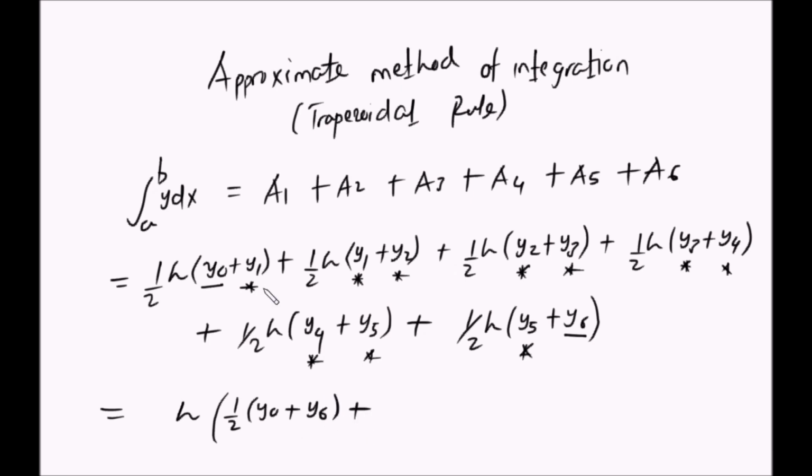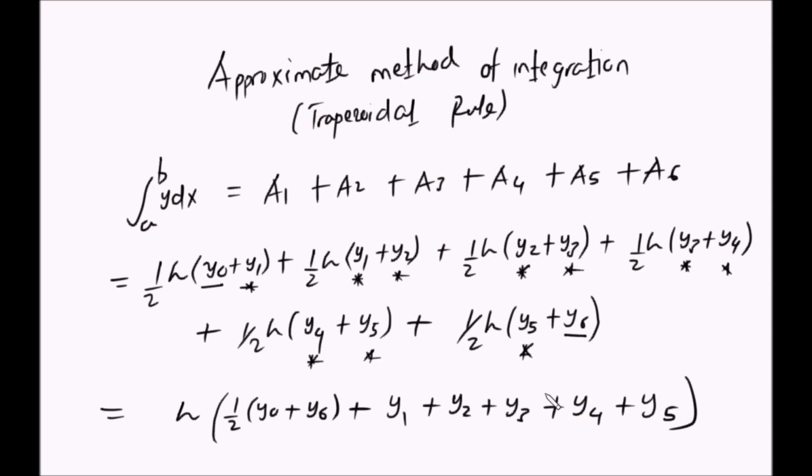So the rest kwa sababu tunapita mara mbili, 1/2 y1 plus 1/2 y1 itakuwa ni y1, 1/2 y2 plus 1/2 y2 itakuwa ni y2, kwa hiyo mpaka y5. So it's a trapezoidal rule.